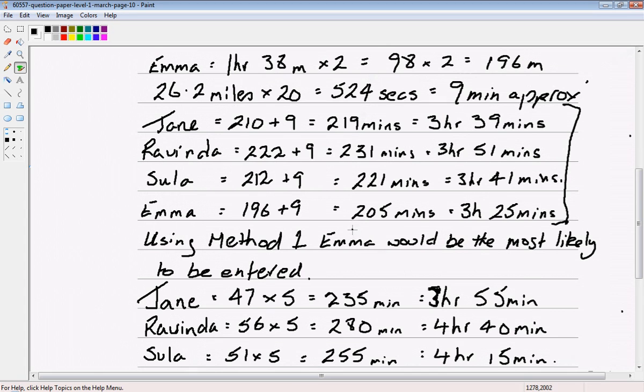Now this is an 8-mark question and there is quite a lot of work to be done here. So I can understand why people get quite daunted by this type of question, but as you can see, if you work methodically most of it's repetition, and it's pretty basic arithmetic, okay, but it is doable.